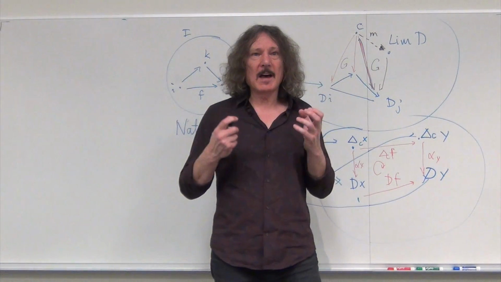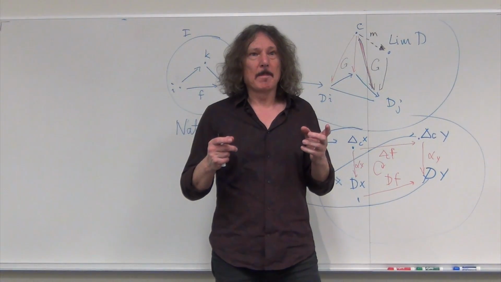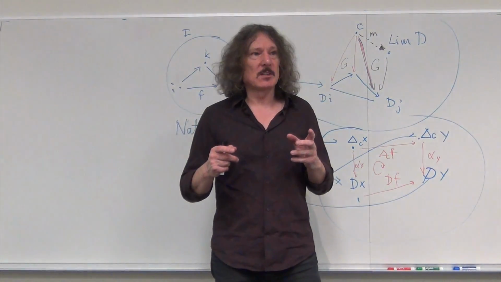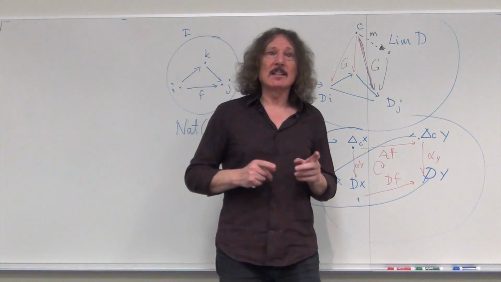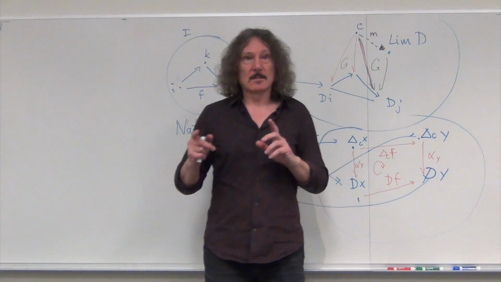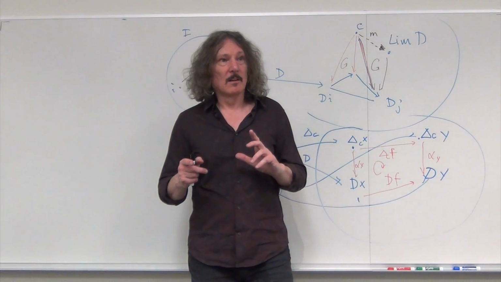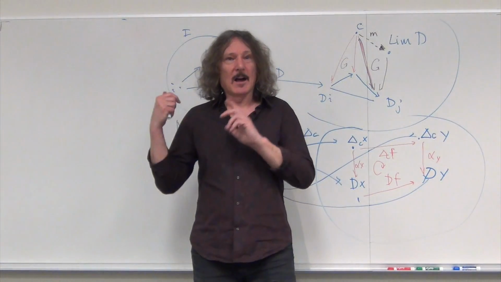So we have to find two functors and find a natural transformation between them, such that the naturality condition for this transformation makes our triangles commute.